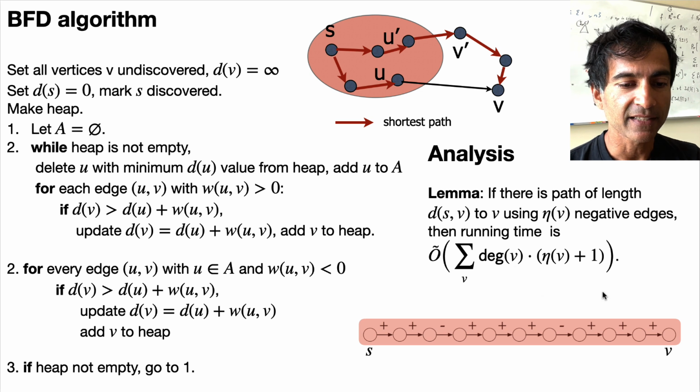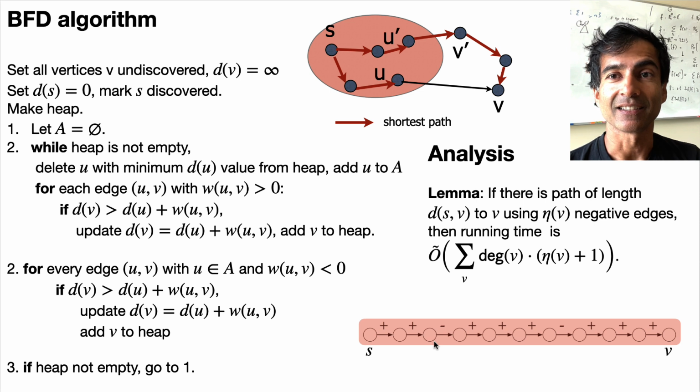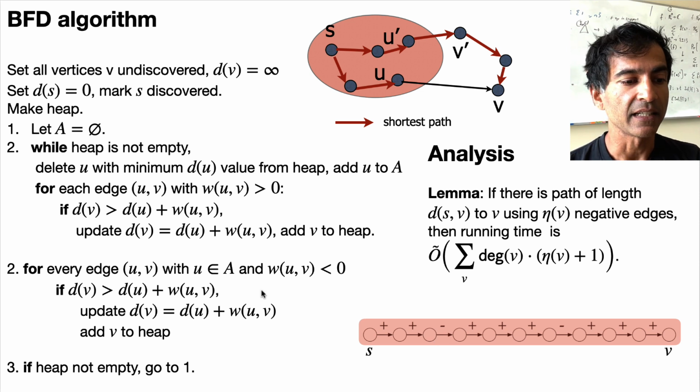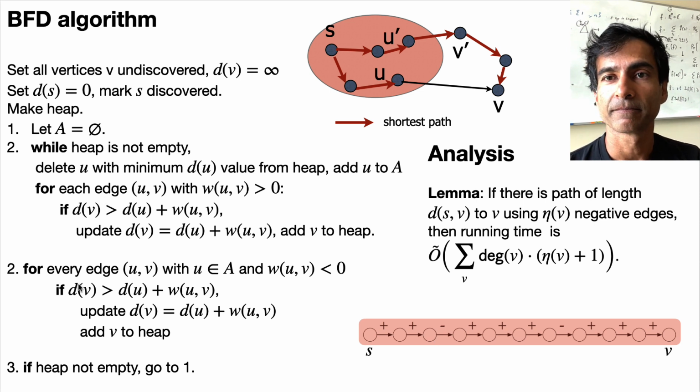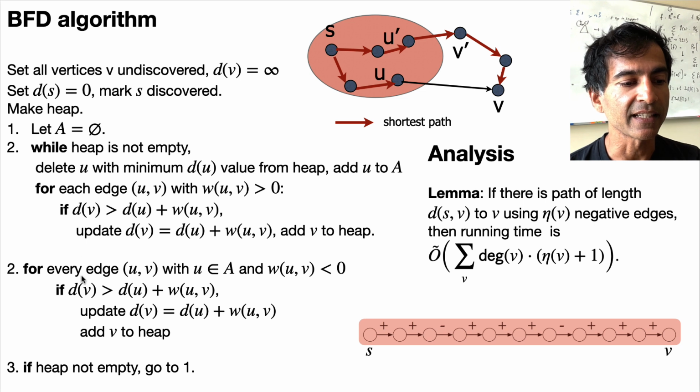Why is the running time this expression? Well, once a vertex gets the correct d value, it stops participating in this algorithm. The only vertices that participate and re-enter here are those whose d values are changed in this step. So how many times does a vertex participate in this part of the algorithm?